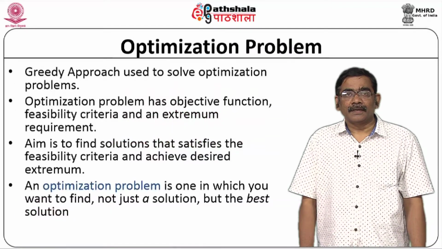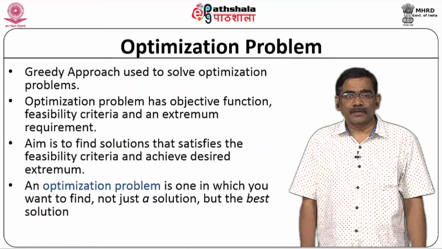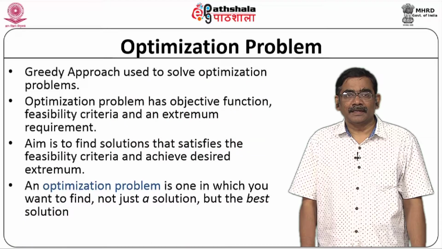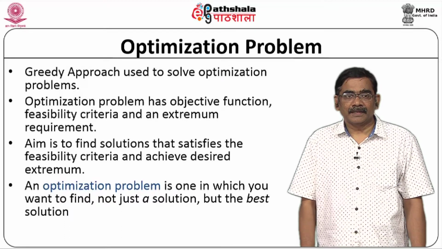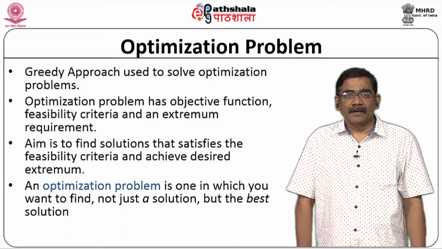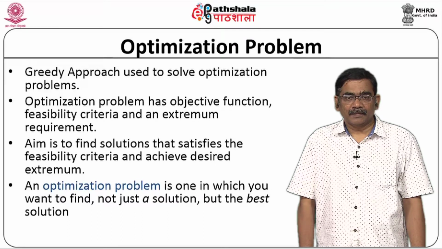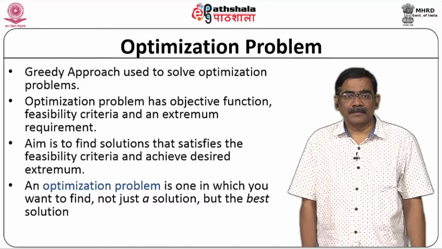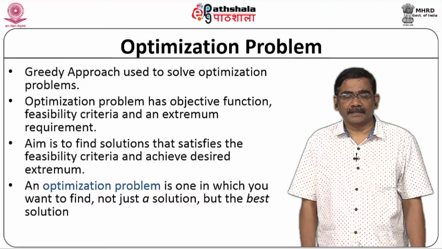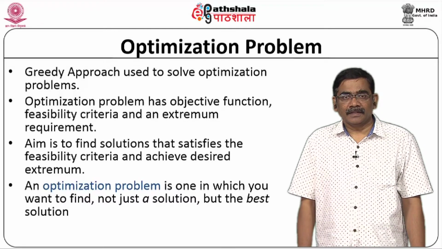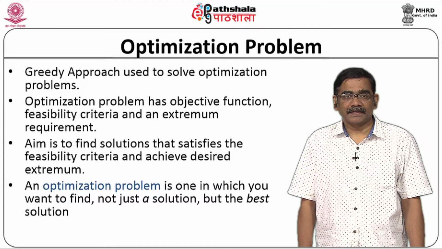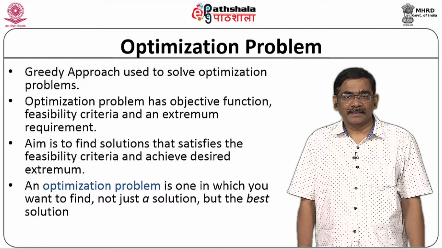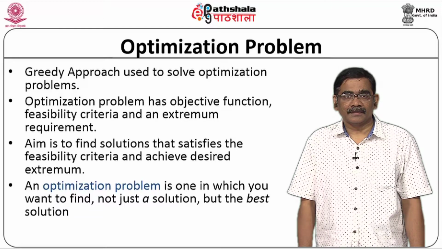So, greedy algorithms are used to solve optimization problems. What is an optimization problem? An optimization problem is a problem that will have a certain objective function. The objective function is normally about the maximization or minimization of a certain criterion.